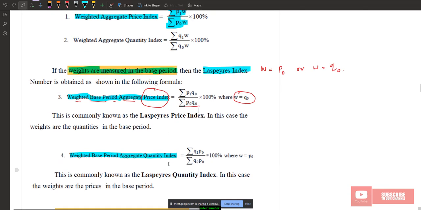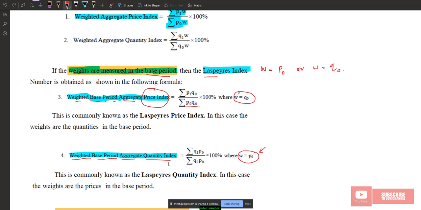The same goes for the quantity index. If we want to find the Laspeyres quantity index, or weighted base period aggregate quantity index, since we want to find the quantity index, the weight should be price. And Laspeyres uses the base period, so the weights are measured in the base period, so the price should be base period.